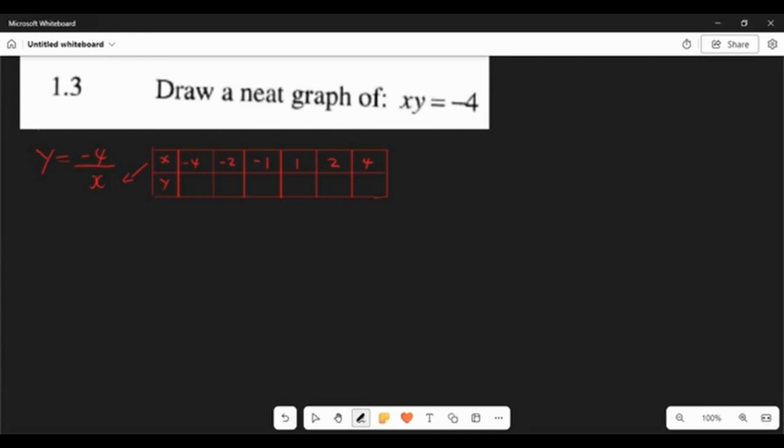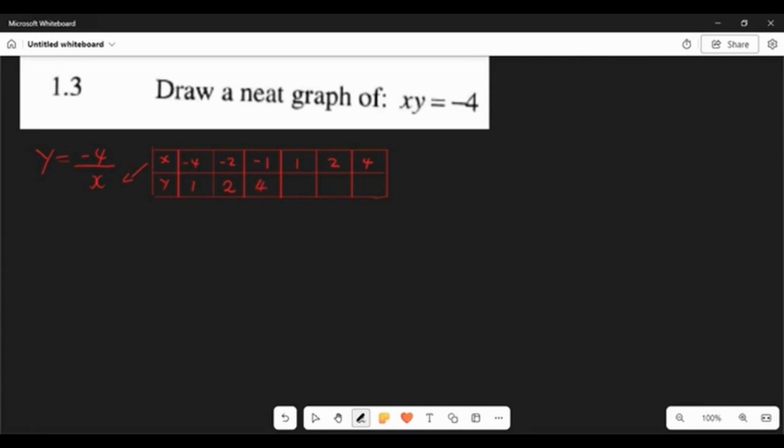For example, if we say x is -4, we're going to say -4 divided by -4, you're going to have +1. So your y is going to be +1. Then you substitute x when it's -2: -4 divided by -2, the answer is going to be positive 2. If you substitute x as negative 1, it's going to be -4 divided by -1. The answer is going to be 4.